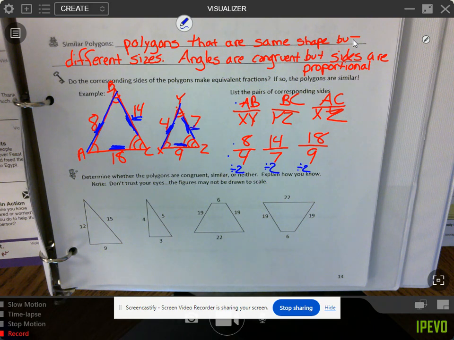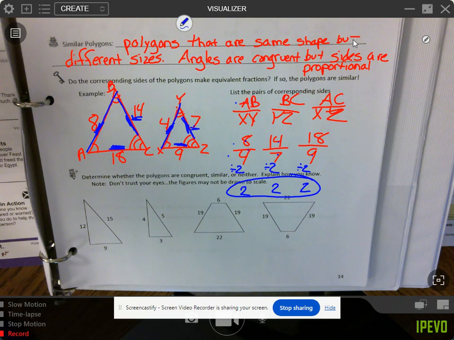Another way to look at it, if we don't know what we're multiplying or dividing by to see if it is proportionate, we take 8 divided by 4 is 2. 14 divided by 7 is 2. 18 divided by 9 is 2. We can see the top divided by the bottom gives us the same answer for all 3 sides.